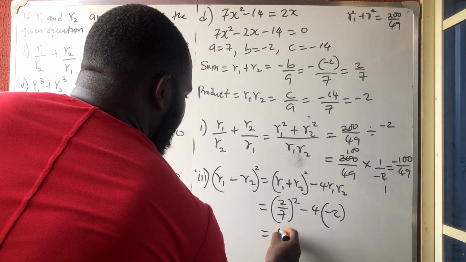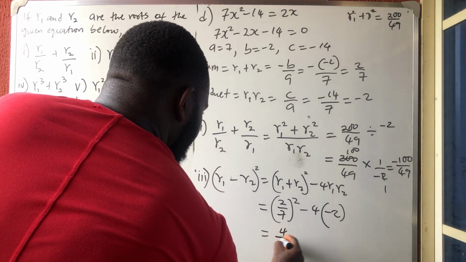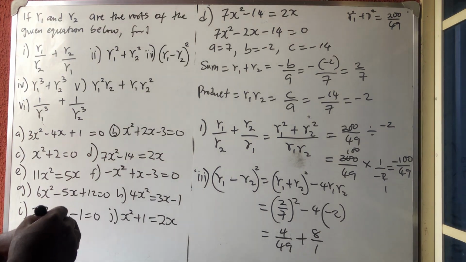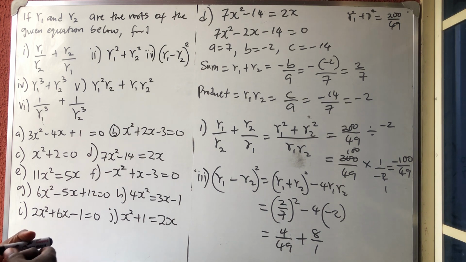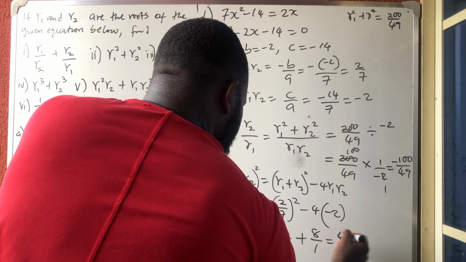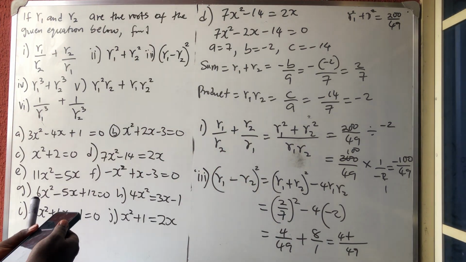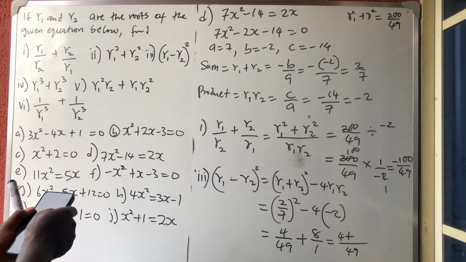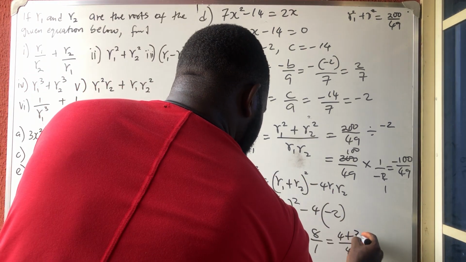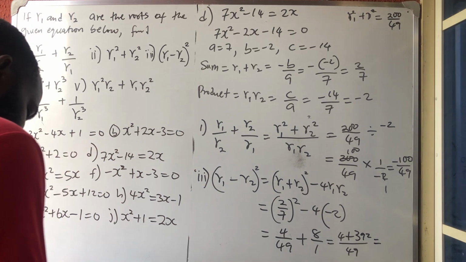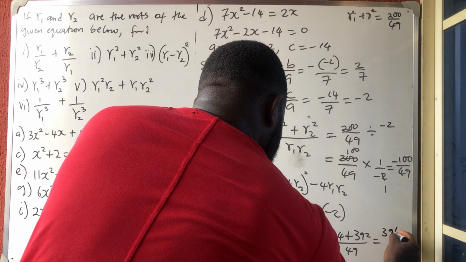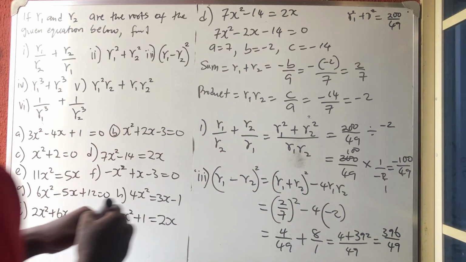So what do you have now? 4 over 49 plus 8 over 1. So what do we have? We're having a 49 here. 4 plus 49 times 8, so I'm having 392. So if you add it to this plus 4, I'm having 396 over 49. So that is that.